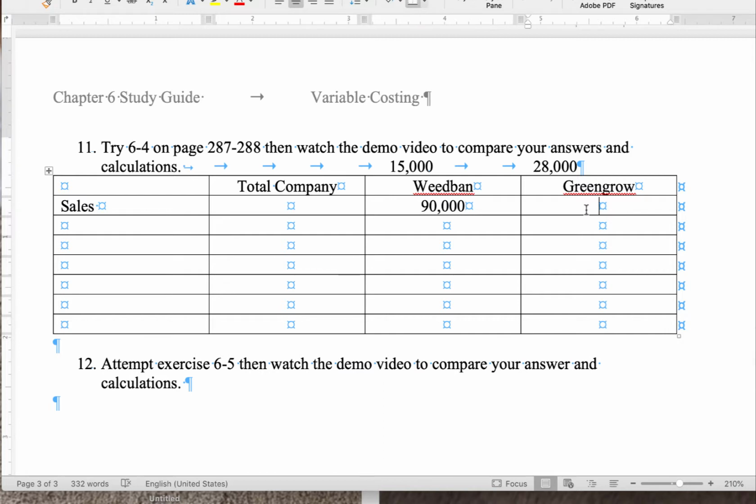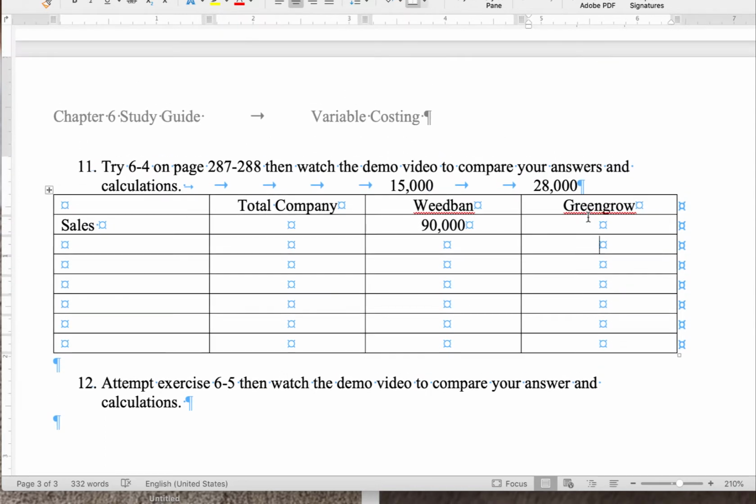Green Grow, I sell 28,000 units times the selling price per unit, which is $7.50. I get $210,000. So what is my total company-wide sales? Well, I take 210,000 plus the 90,000. I get $300,000 in sales.